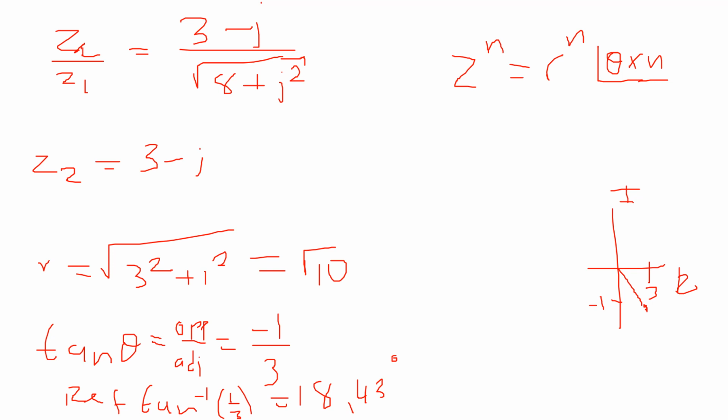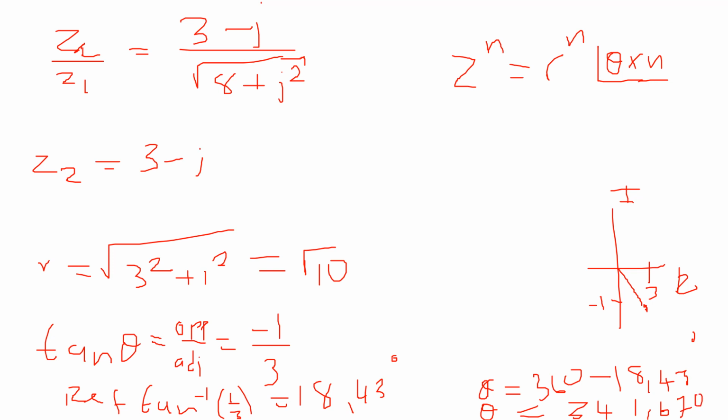So theta is 360 minus 18.43 degrees, which is going to be 341.67 degrees.